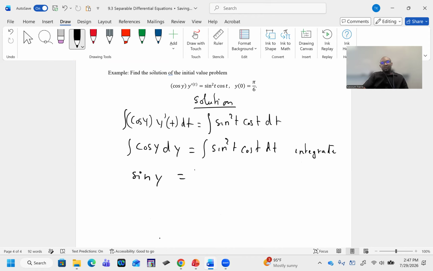The antiderivative of sine squared t cosine t is 1/3 sine to the power of 3 t plus c. So you can see this is the general solution, right?